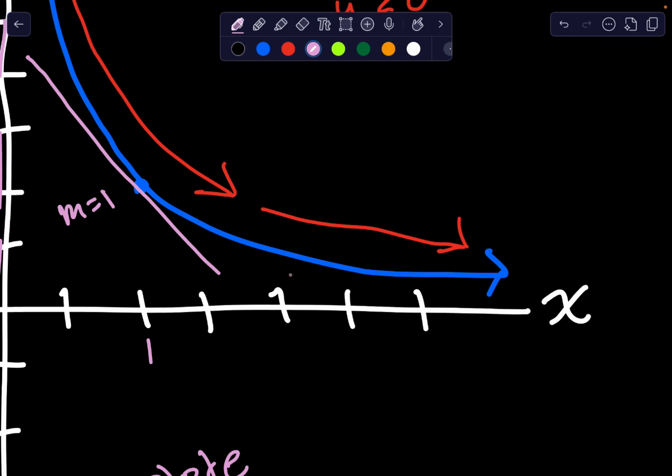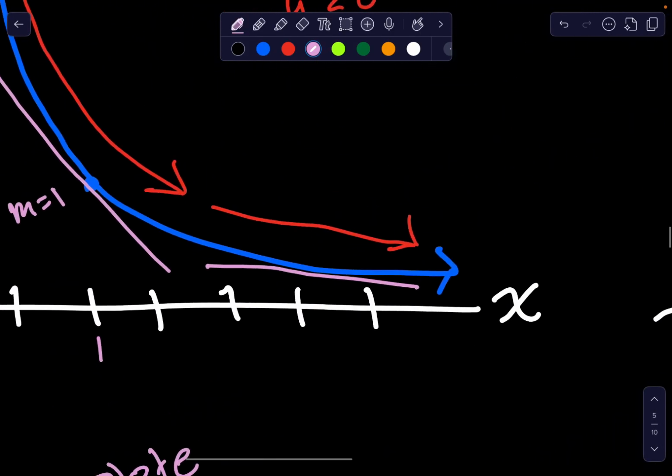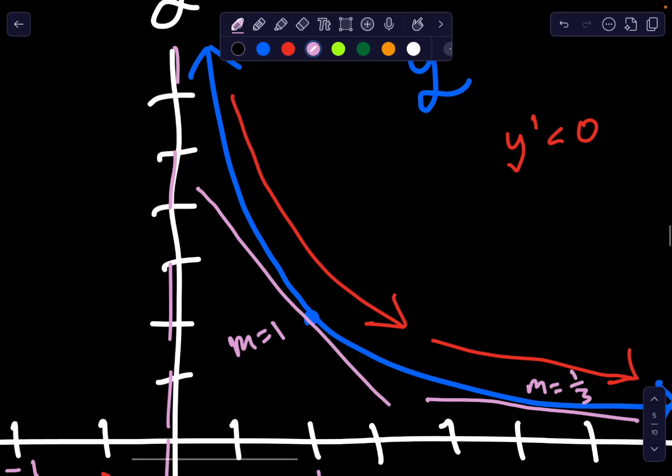Now let's draw a slope over here. Looks like our slope, instead of being more negative like over here, has actually started to become more positive. That looks more like a slope of 1/3 or so. And if we go left before it, the slope looks greater. Oh, my bad, I'm so sorry, this should be a negative.